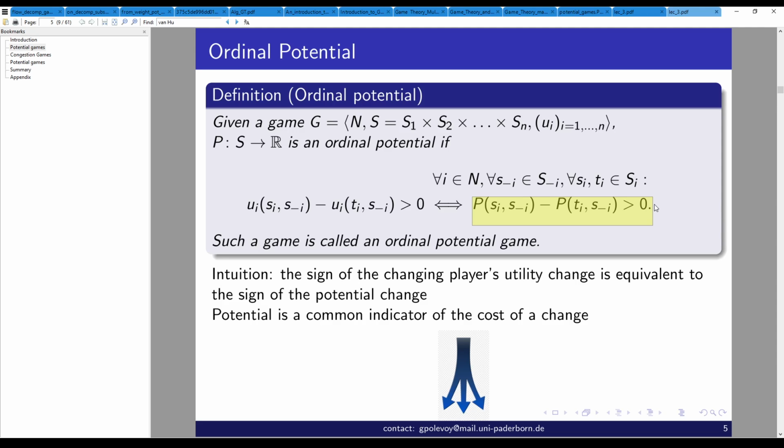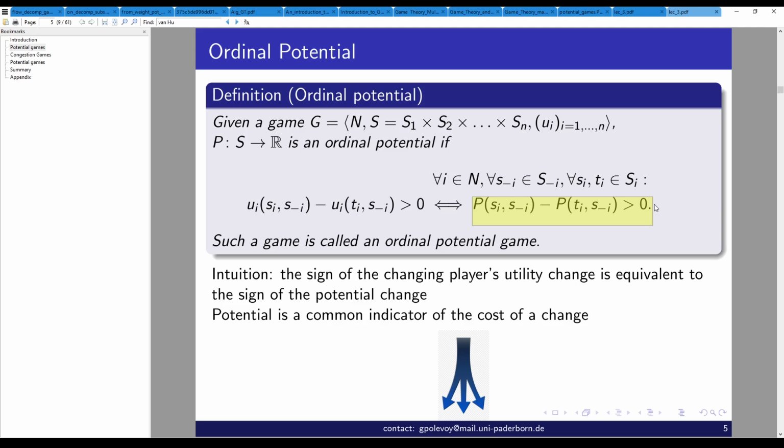Now, intuition is that, as I said, the sign of the utility change of the player who changes the strategy is equivalent to the sign of the potential change on those strategy profiles. So there is a common indicator of the cost of the change, but only of whether it's positive or negative, or non-negative.